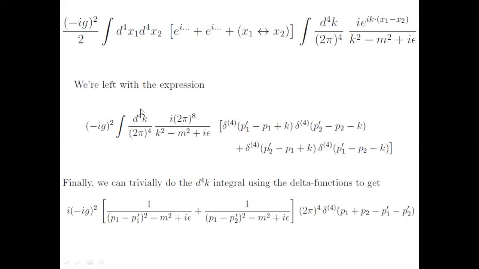Again, we can do the k integral. If we do the k integral, then we'll get a single delta function term like this, which we have taken common, and inside this k will be replaced by p1 prime minus p1, right? Since there is a k integral, k will be replaced by p1 prime minus p1 or p1 minus p1 prime, and this k will be replaced by p1 minus p2 prime from here.